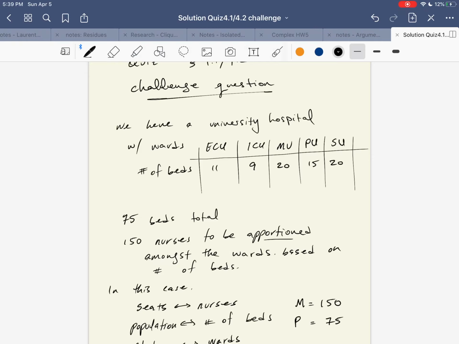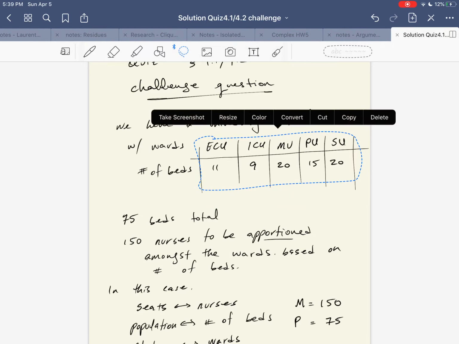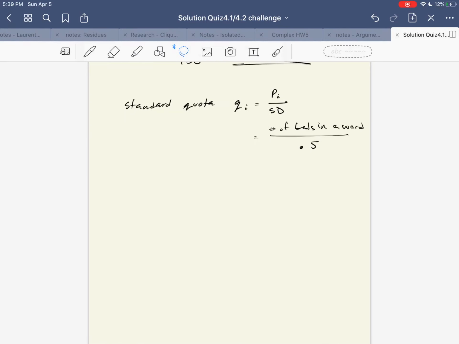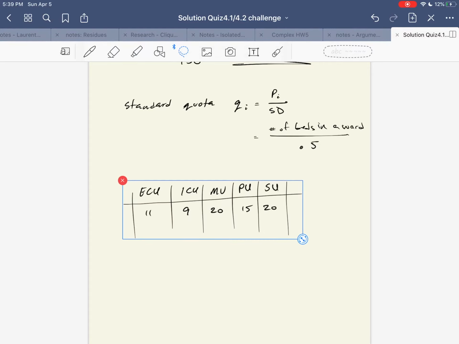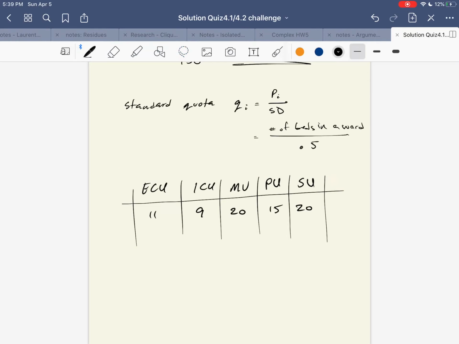Why don't I copy our table and bring it down here. Okay.